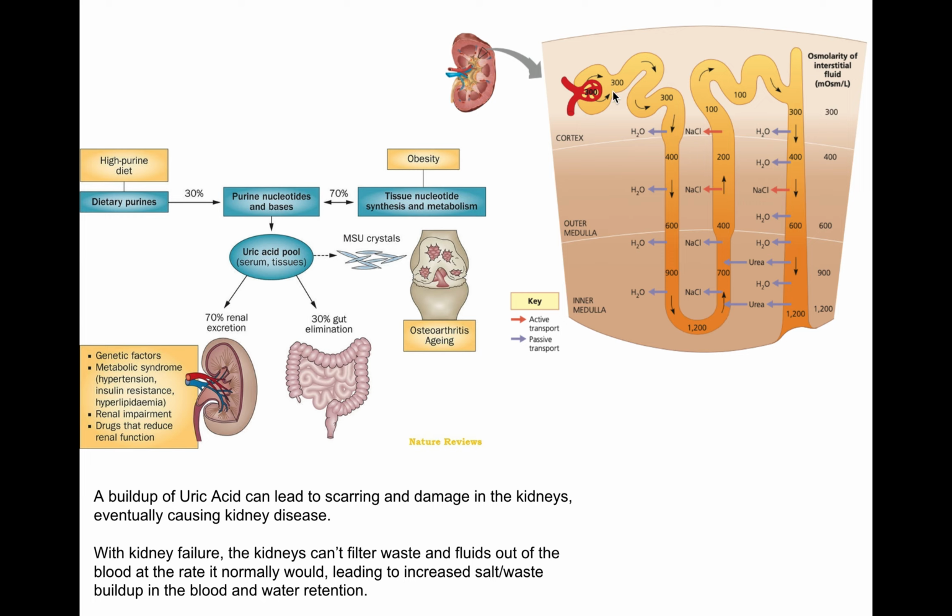So if your kidney is failing, it is not able to effectively remove those wastes and salts from the blood. Therefore, if you retain salt and waste in the blood, your water is going to absorb back into the body more often to help regulate that osmolarity, and therefore you'll get fluid retention.